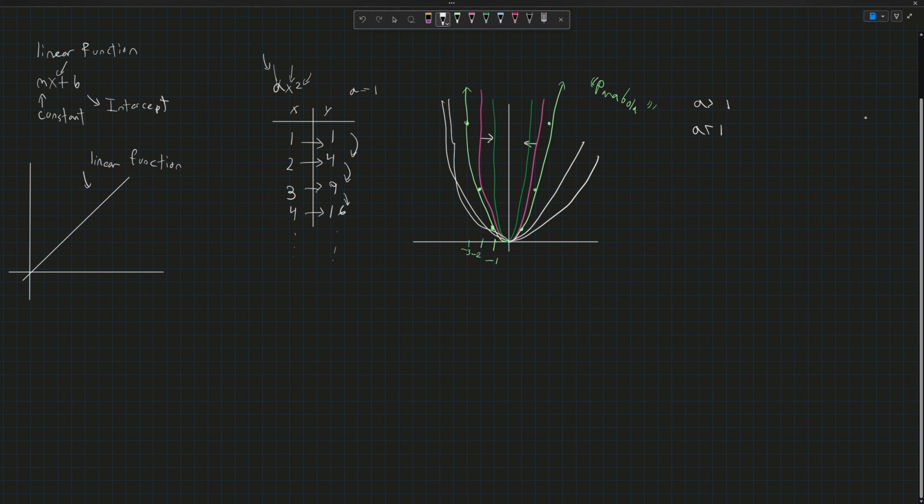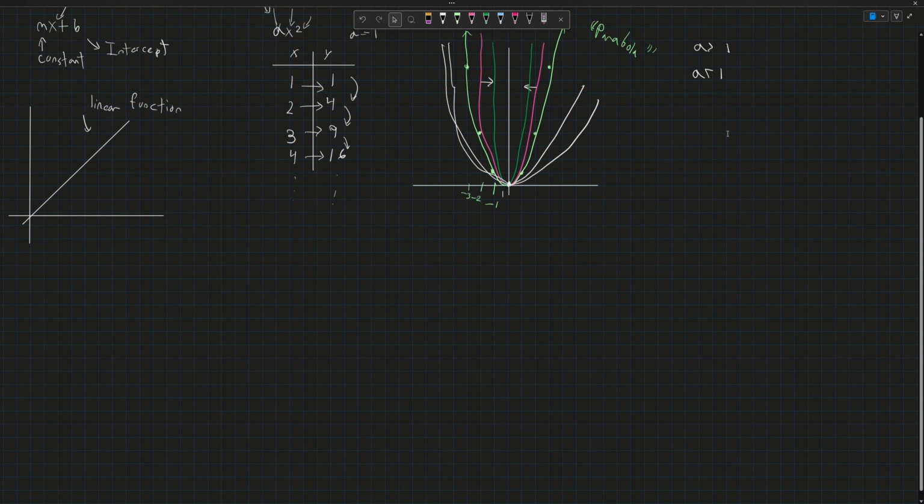Now, what's really interesting about a parabola is that it doesn't necessarily have to start at the origin. You could have something else. Let's do another example of a parabola. We could have something like this, for example.